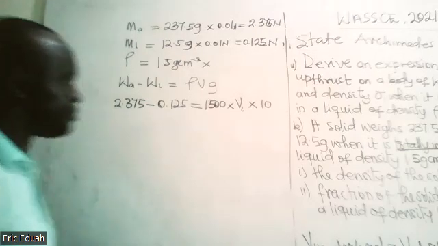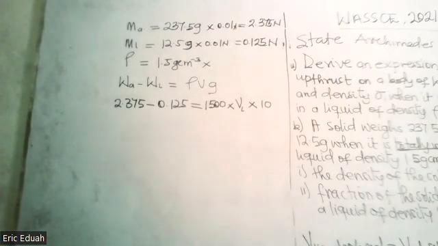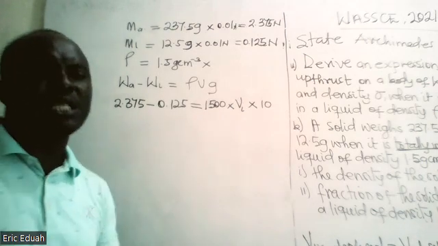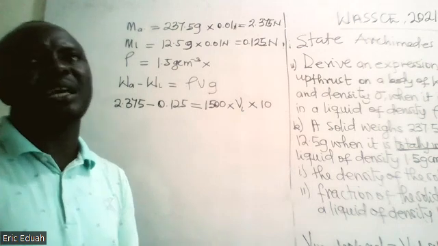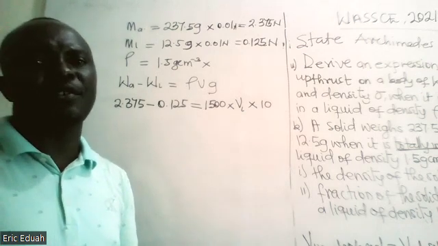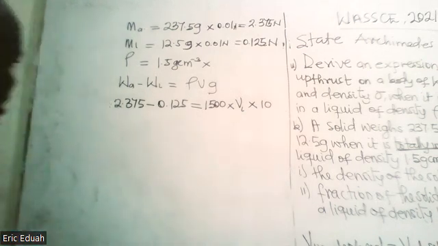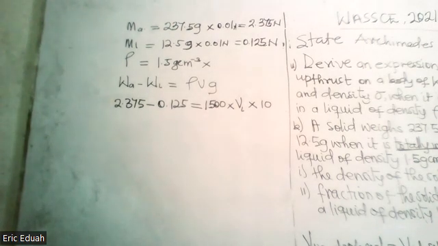So what you use depends on what the question gives you, and usually when it is not given, you take gravity to be 10 meter per second squared. Are you fine?